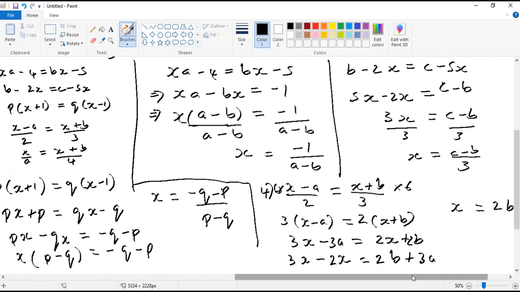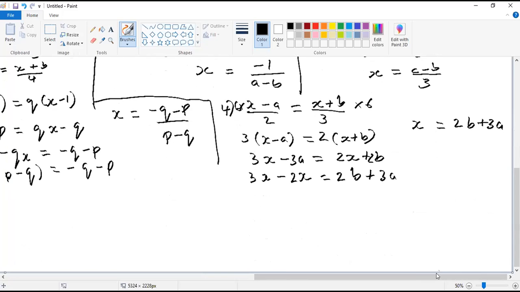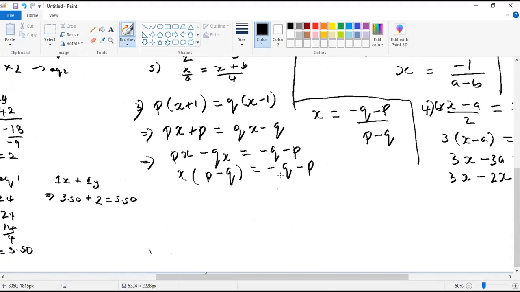See if we have more space. So I have x over a equals x plus b all over 4. Try to find some space for that. All right, so I have x over a equal x plus b all over 4.